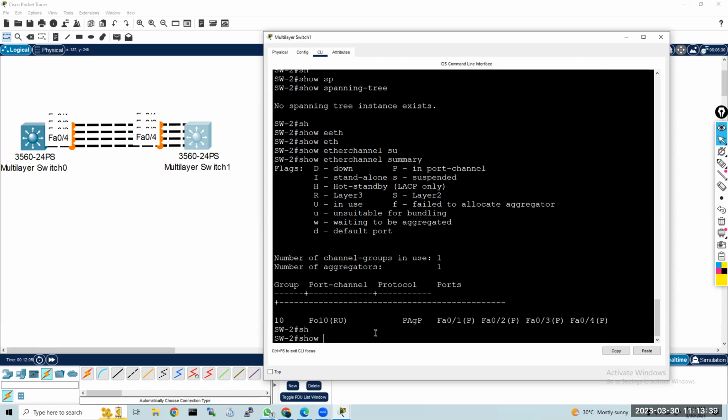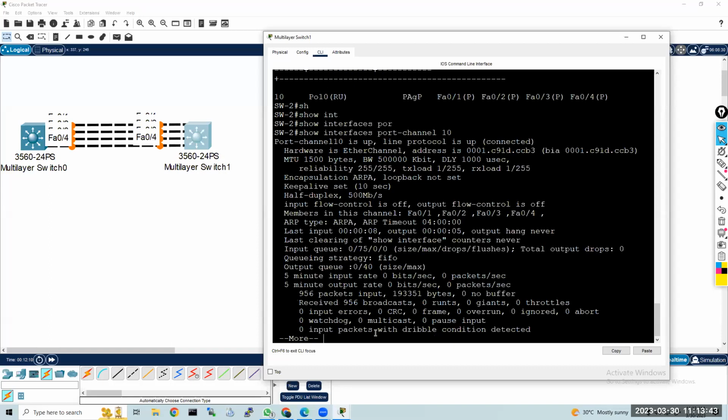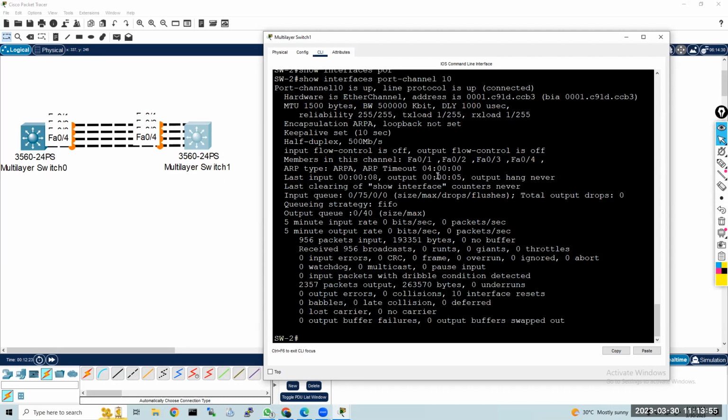Show interface port channel 10. If you press enter, we can see the details of this interface. Port channel 10, you can see the status is up.